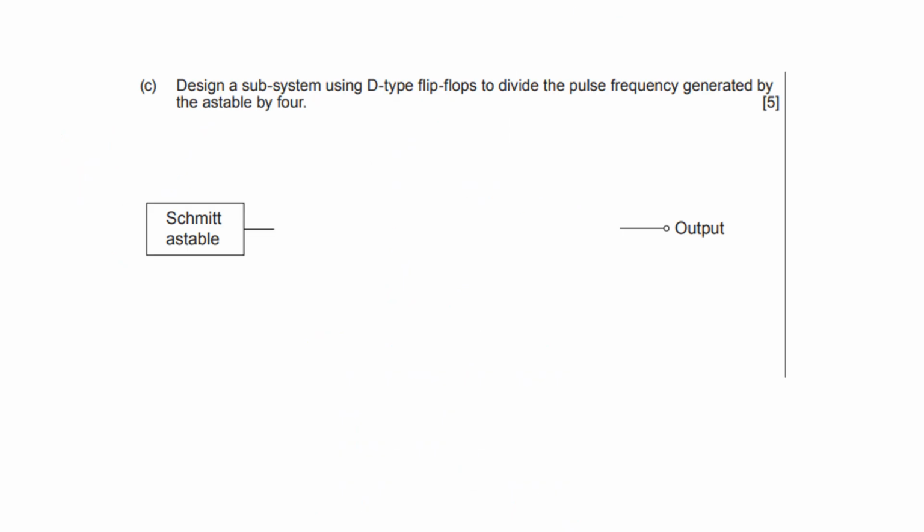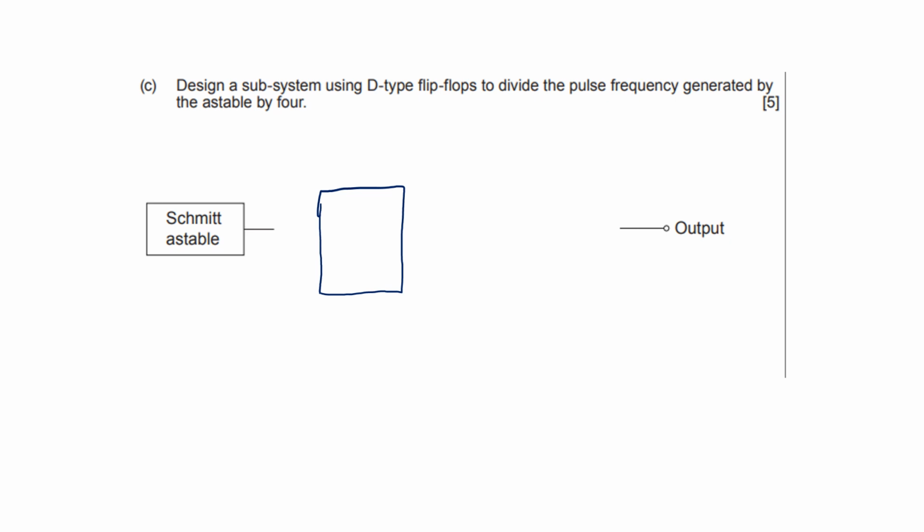Okay, so design a subsystem to divide it by 4, and we're going to create an up counter because it doesn't tell us to do a down counter, does it? So we might as well do it as an up counter. So Schmitt astable goes in there. Divide by 4. Well, one D-type flip-flop is called a divide by 2 counter. Do you remember that? So if you literally put a D-type flip-flop in there, you will divide by 2.